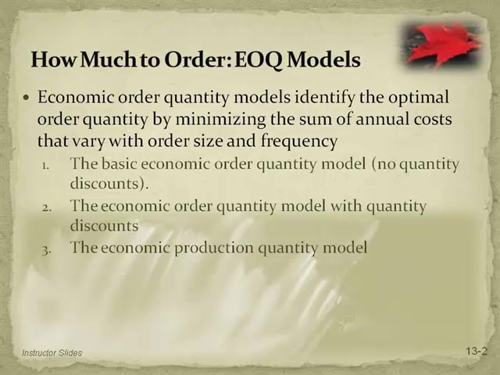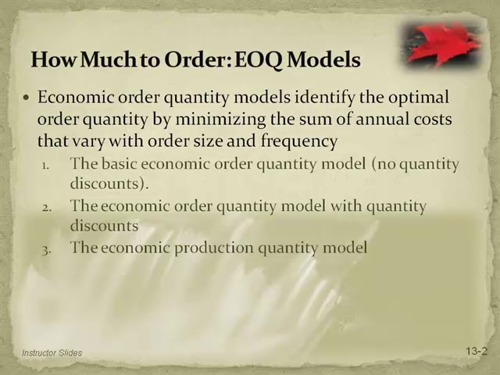The economic production quantity is the number 3 shown in this slide here. That will be the last thing that we cover. So I want to give you a couple of ways that you can distinguish that you have an economic order quantity problem. There's 2 ways that you can distinguish that.